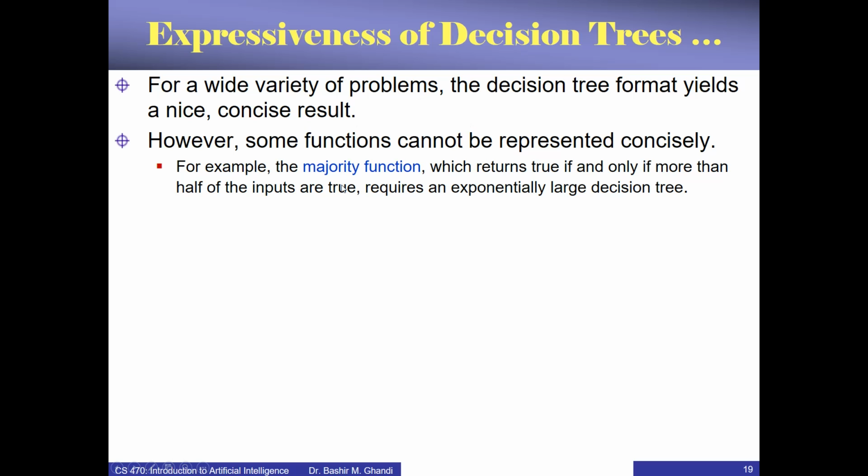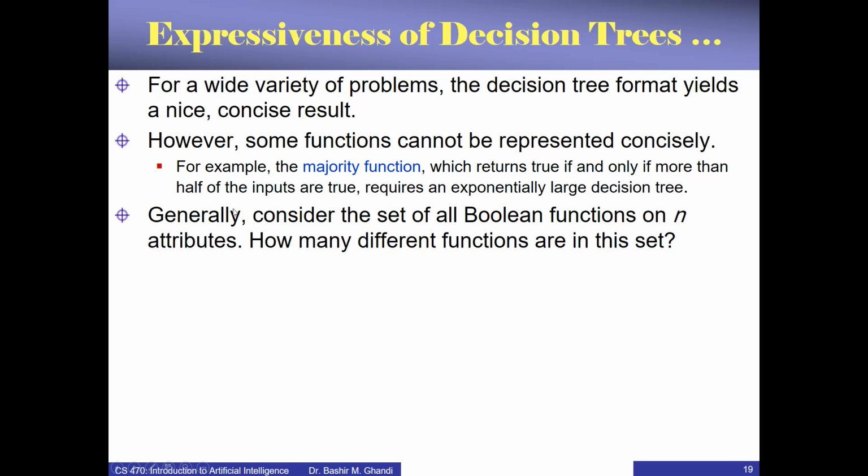For example, the majority function, which returns true if and only if more than half of the inputs are true, will require an exponentially large decision tree. If you try to represent this function as a decision tree, the decision tree is going to be prohibitively large.